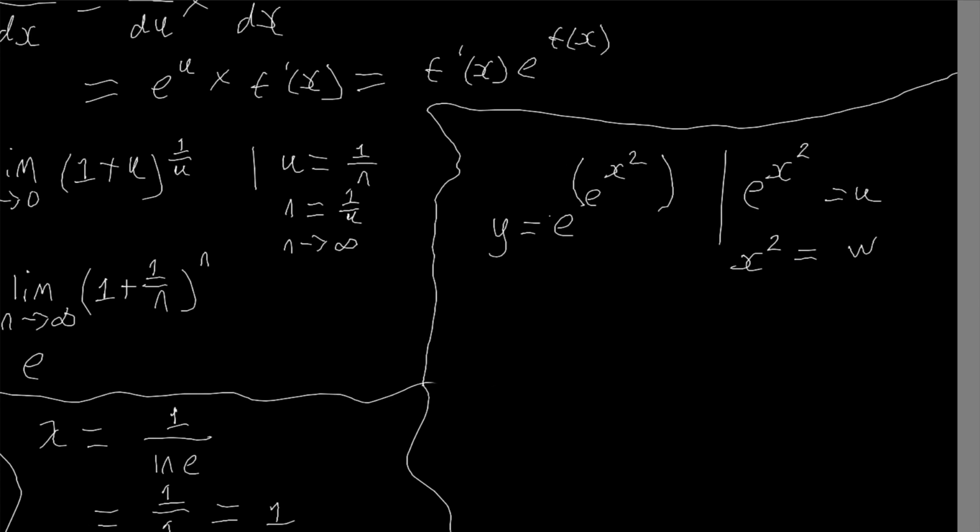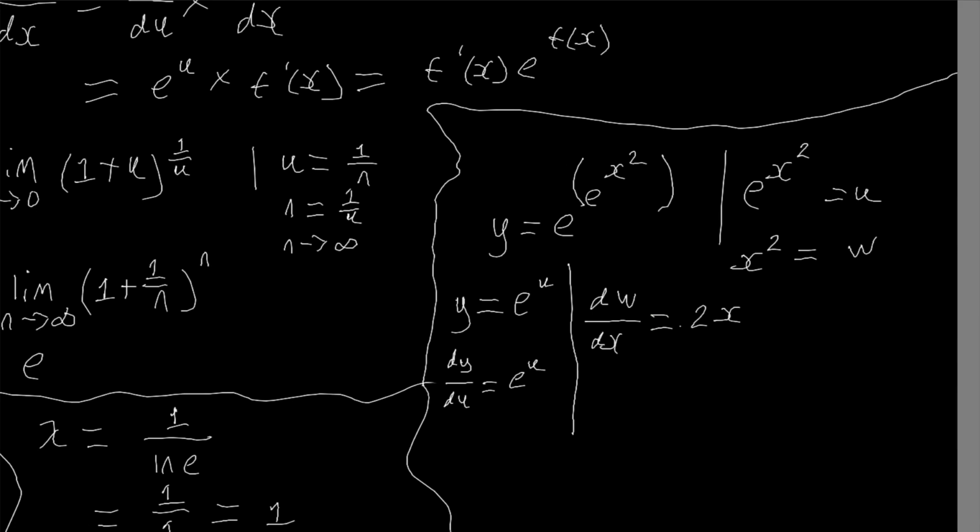And from here, we can start doing a couple of things. Firstly, we can state that y is going to be equal to e to the u. We can find that dy over du is going to be equal to e to the u once again. We can find that dw over dx is going to be equal to 2 times x. And we can state that u is going to be equal to e to the w. So we know that du over dw is also going to be equal to e to the w.